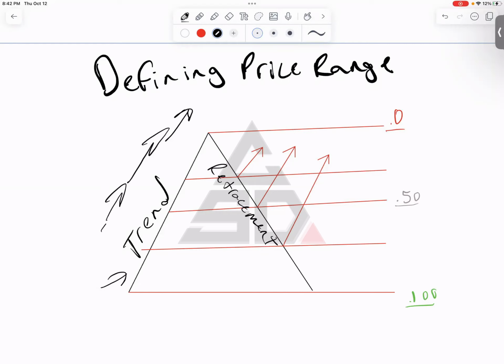If this is your trend going up and this is your retracement going down, and this is a continuation play, say this is what we did: came down here, continued up. This level of the overall range is 0.25. Now, let's say we go lower, let's get rid of all this gibberish.